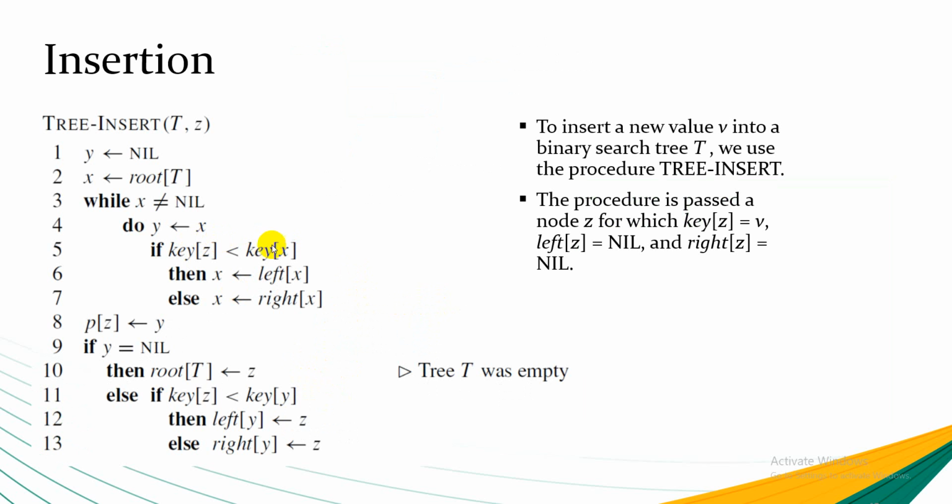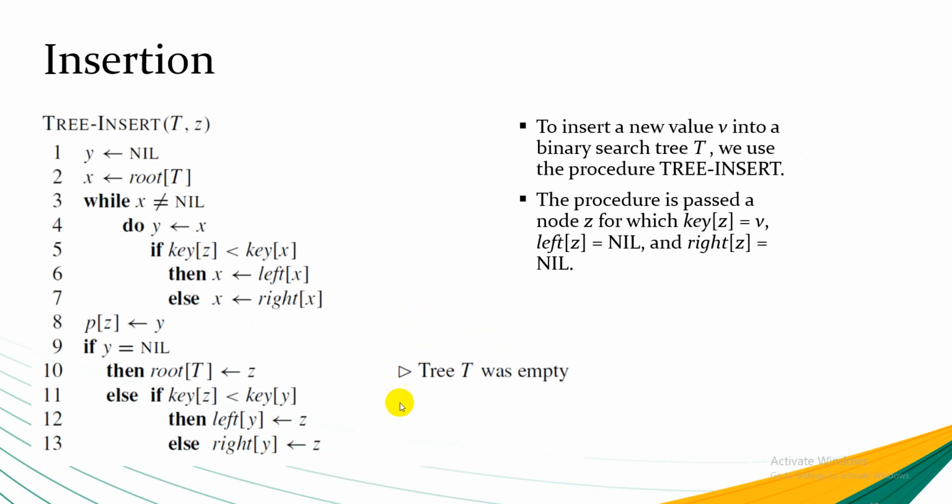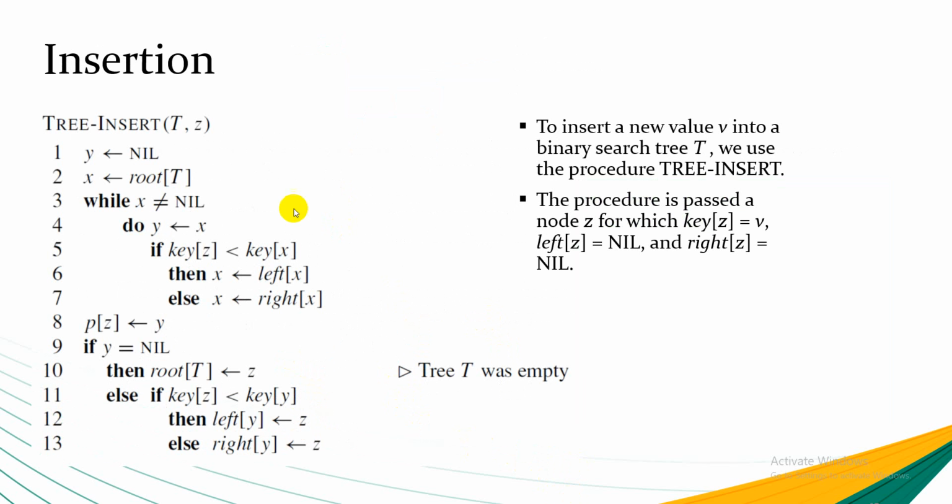So what we will do then, X will be equal to left of X. Then X will be equal to null. There is nothing here. Now what we do, is X different from null? No, X is equal to null. Then here we are done.